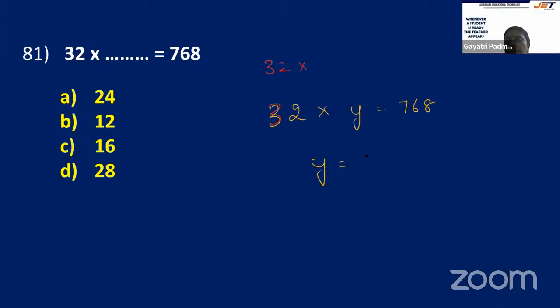So now what could be y? 768 comes to the denominator portion, right? So 768 divided by 32.